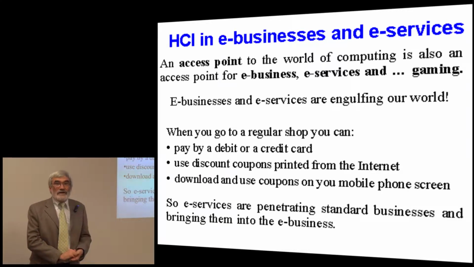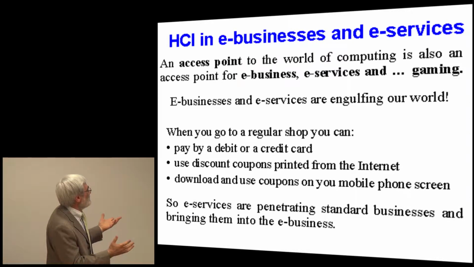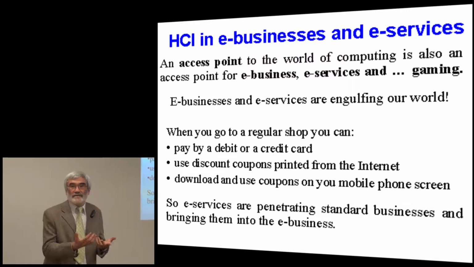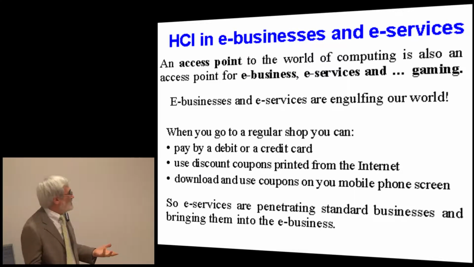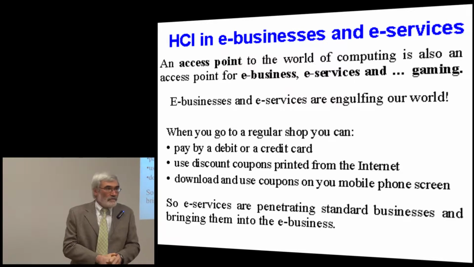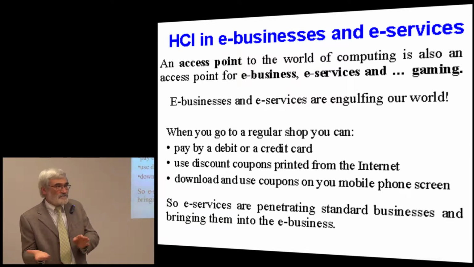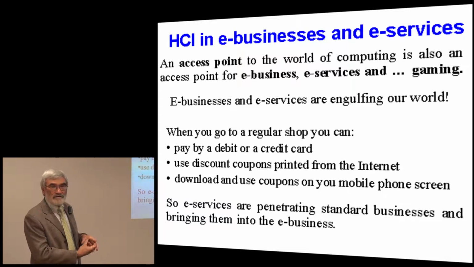Even if you go to a regular shop, it's already e-business. Those things are integrated. So you go there, you pay by a debit card or a credit card. It's e-transaction already. So if you want to use a discount coupon, okay, maybe you'll get it in your old-fashioned way, printed in your mailbox, but I would rather just get it on my iPhone screen and get it scanned.